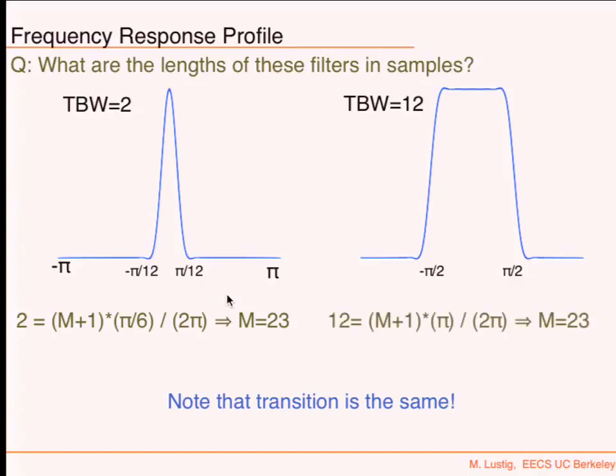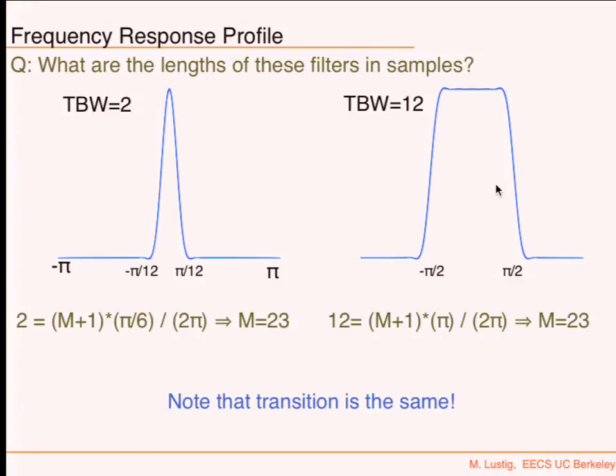What about this one? Time bandwidth 12. Turns out if I take this pi bandwidth, then in that case M is also 23. So if I increase the time bandwidth, then it's wider. If I want that to go back and look like this, but sharp, then I need to increase M by a factor of 6 in order to make it sharp.